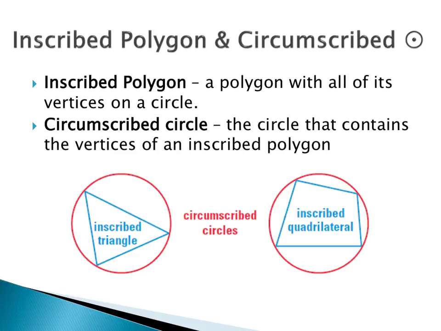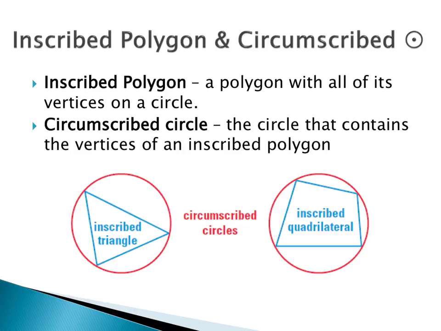Exactly. All right, so inscribed polygon and circumscribed circles. An inscribed polygon is a polygon with all of its vertices on the circle. Think about the word inscribed. It sounds like inside. The triangle here is inscribed in a circle. You could have a quadrilateral inscribed in a circle. You could have a hexagon inscribed in a circle. It just means that all the vertices would be on the circle itself.